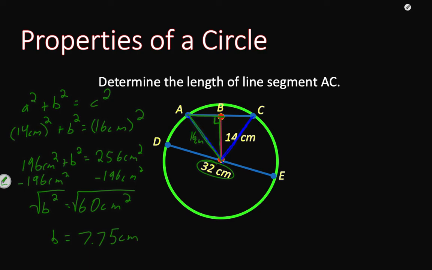And same thing as before. That is not your final answer. That is only this distance right here. If we want the full distance, we have to multiply by 2. And we can say that AC equals 15.5 centimeters.